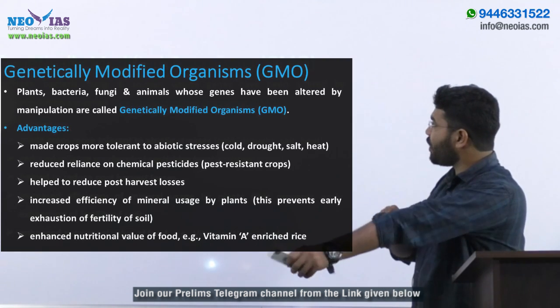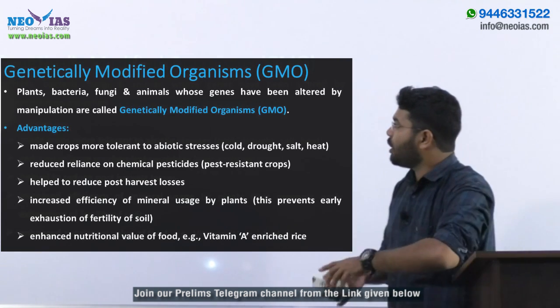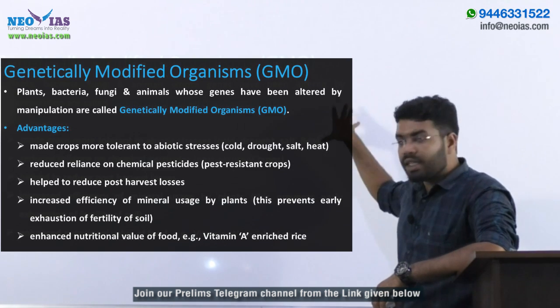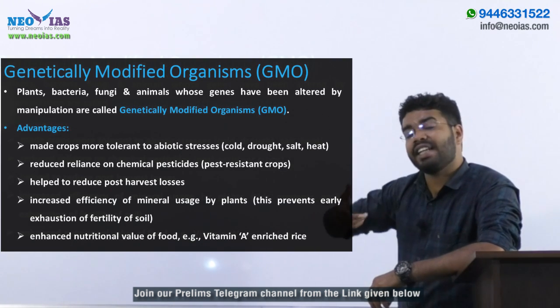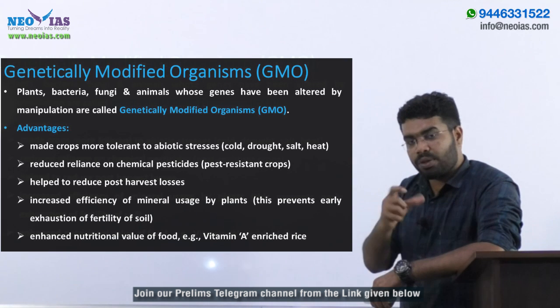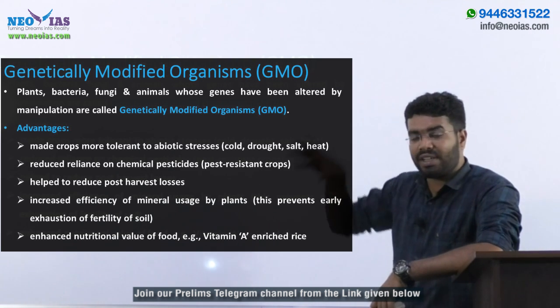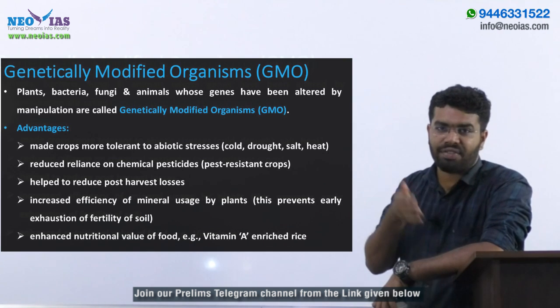Genetically modified organisms, or GMO, are plants, bacteria, fungi and animals whose genes have been altered by manipulation. The alteration or modification is done at the gene level, not as we have seen in horticultural techniques like grafting and budding.